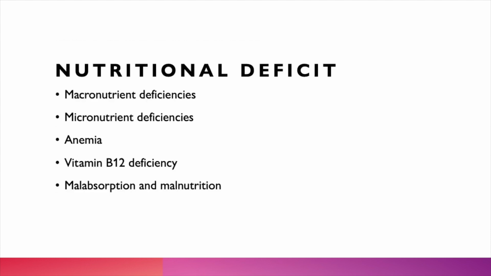And the patient suffers from macronutrient deficiencies, micronutrient deficiencies, as well as anemia, and even vitamin B12 deficiency. This is due to the malabsorption and the malnutrition because the gut lining is compromised.